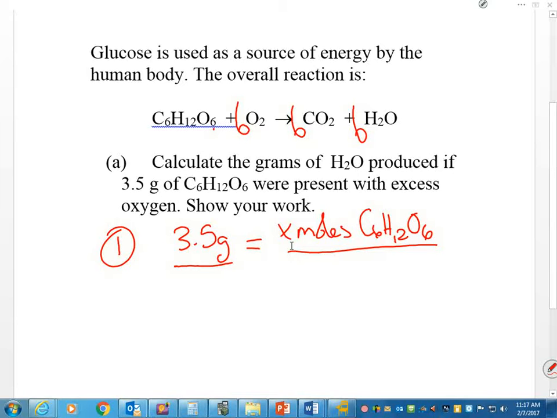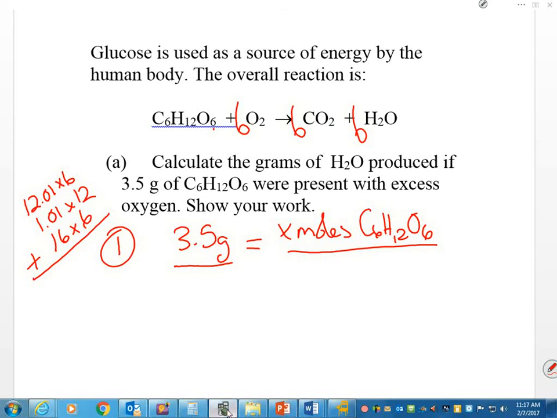When we look at it, carbon, and I just do it on the side, carbon is 12.01, and I times it by 6. Hydrogen is 1.01, I times it by 12, and oxygen is 16, and I times it by 6, and then I add those totals up. Did I get any numbers wrong? Because sometimes I'm just going off my head, so sometimes I get them wrong.